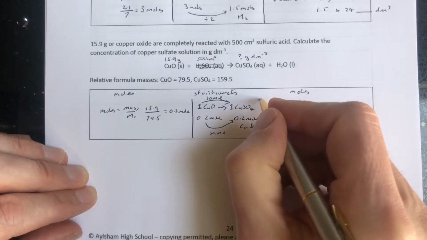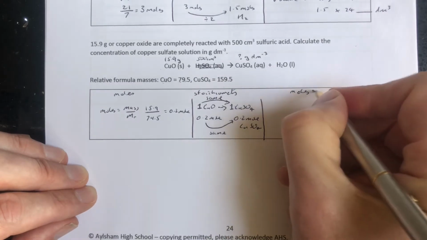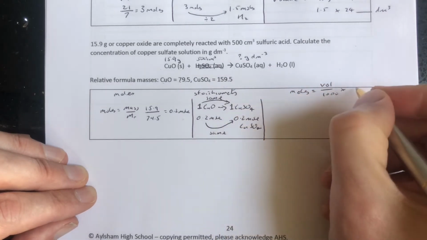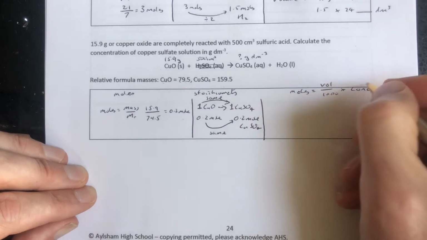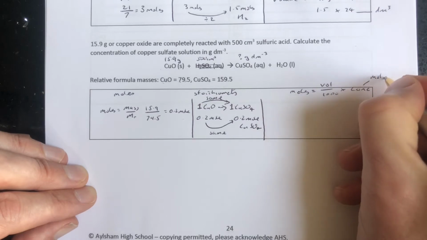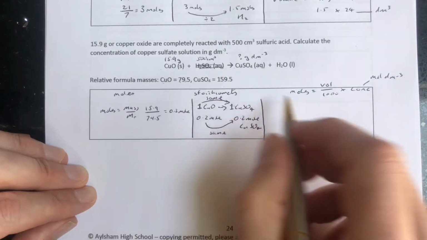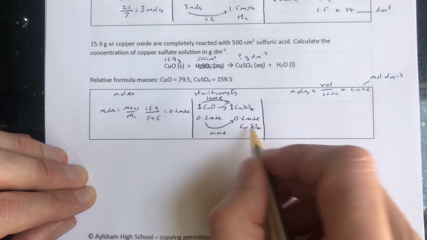Okay, so we now want concentration. So we need a moles equation with concentration. That is going to be moles equals volume divided by 1,000 times concentration. And concentration here will be in moles per decimetre cubed. So moles, we said was 0.2.